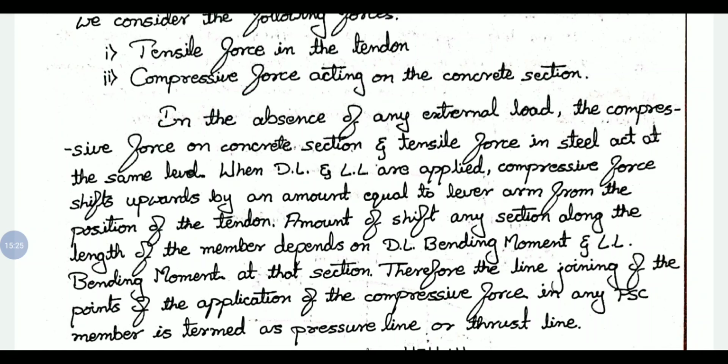The amount of lever arm is calculated by using bending moment due to dead load and live load, and it depends upon the length of the member, that is the span.